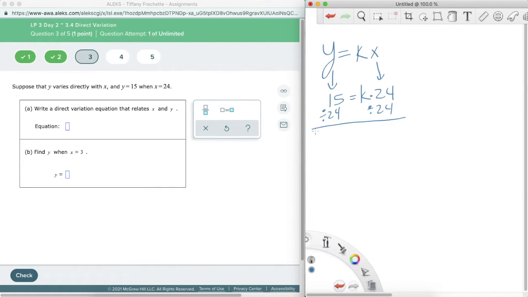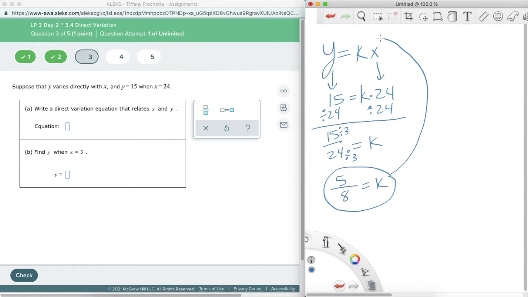So they may very well want us to deal with a fraction here. So with 15 over 24, we don't want to leave it 15 over 24 because these can both divide by at least 3, right? So I get 5 over 8 equals k. So there's my constant of variation. Now I can plug that in here. And when I write an equation for this, y and x are going to stay y and x.